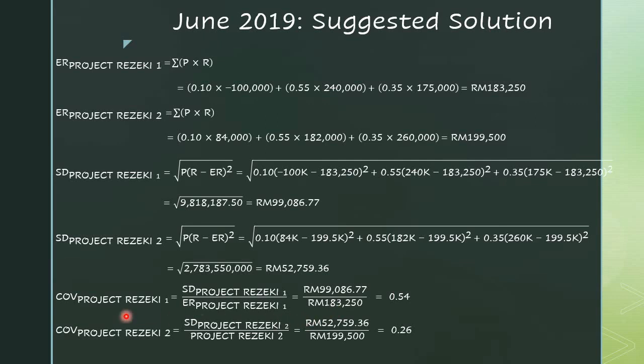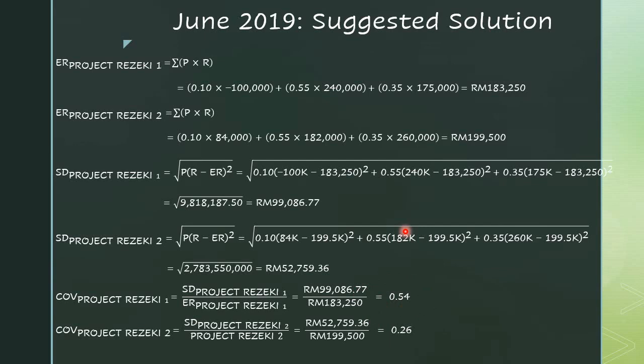So you calculate the coefficient of variation for Project Rezeki 1, 0.45, and Project Rezeki 2, 0.26. So which one should you choose? Please choose the one with the higher coefficient of variation, because just now Pasir Emas is a risk taker. So you choose Project Rezeki 1.